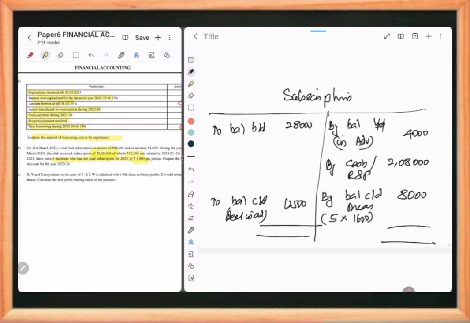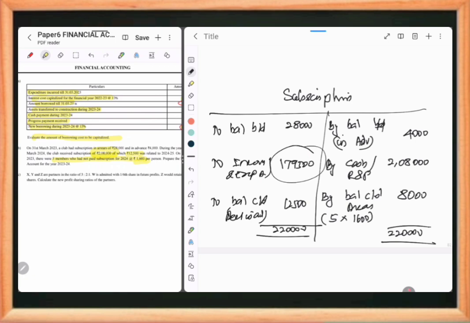So if we balance, now we will find out how much should be charged to the income and expenditure account. So 4,000 plus 2,08,000 plus 8,000, that is 2,20,000, minus 12,500 minus 28,000. So 1,79,500 should be charged to the income and expenditure account. So the subscription account is debited to income and expenditure account.